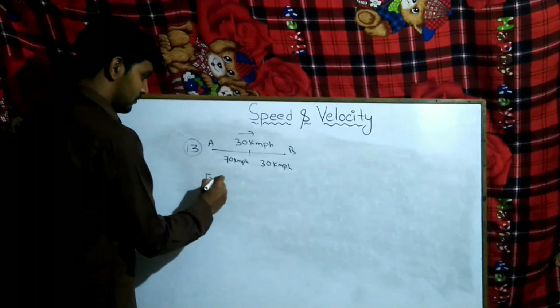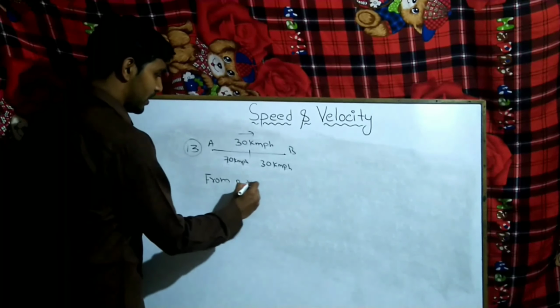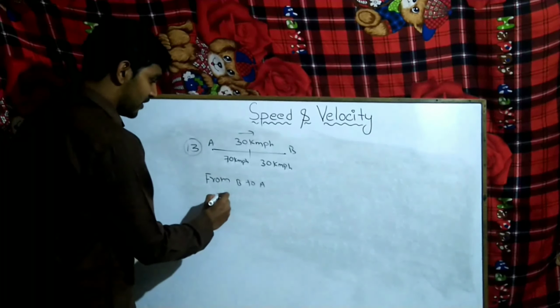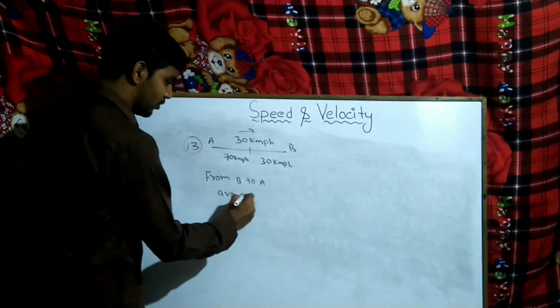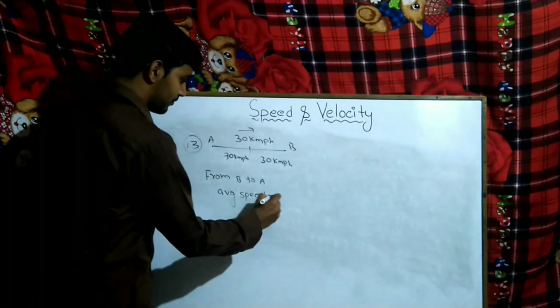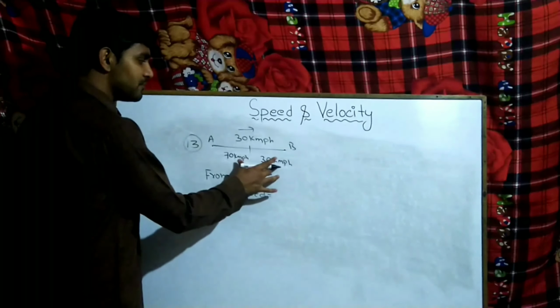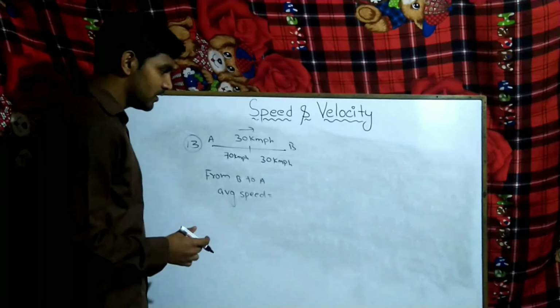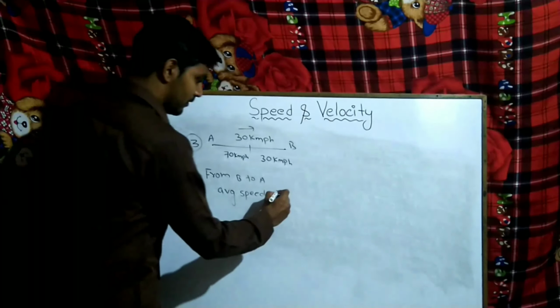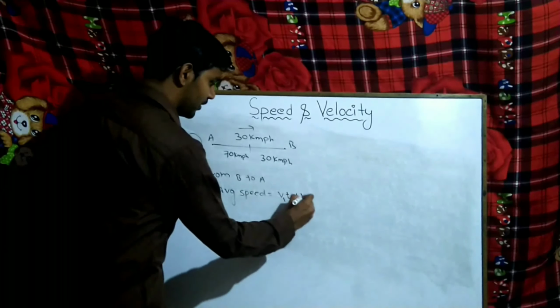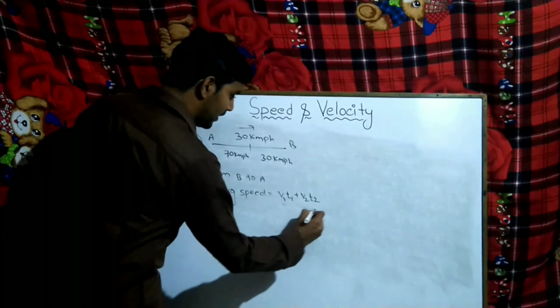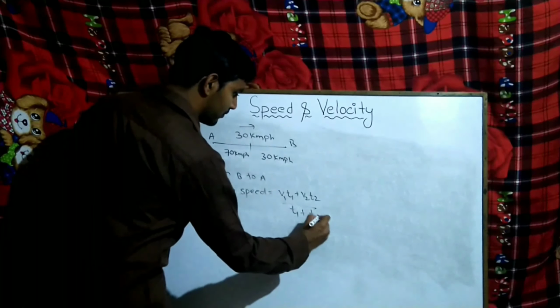Okay. Now first I am finding B to A. From B to A, you know average speed. How to find average speed? If times are equal, then which formula you have to use? (V1 T1 plus V2 T2) by (T1 plus T2).